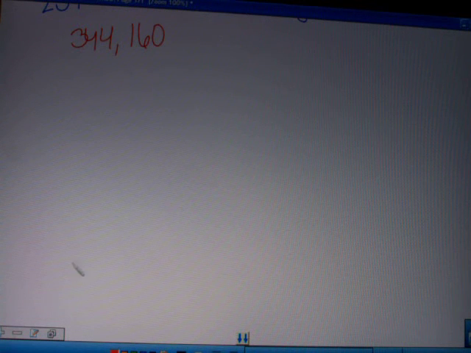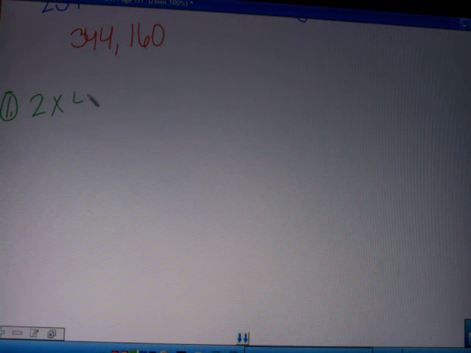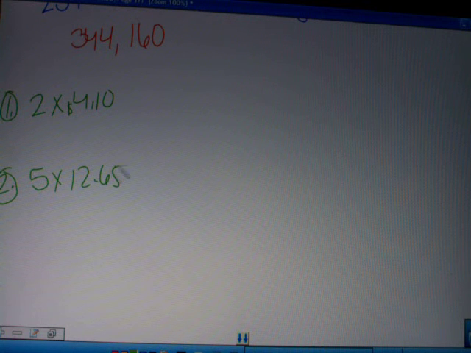Alright, I'll give you some to practice with and see how well you do. The first one is 2 times $4.10. I forgot my dollar sign here, so go ahead and solve that. The next one you're going to solve is 5 times $12.65.